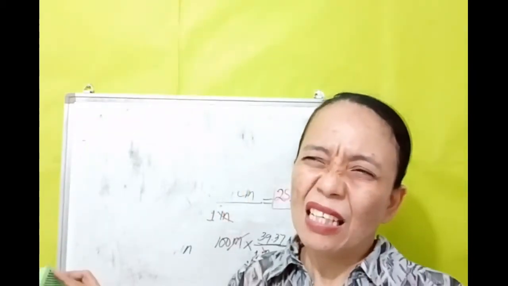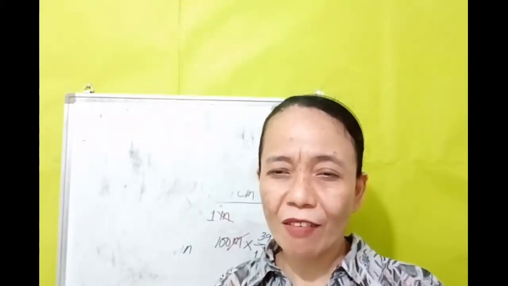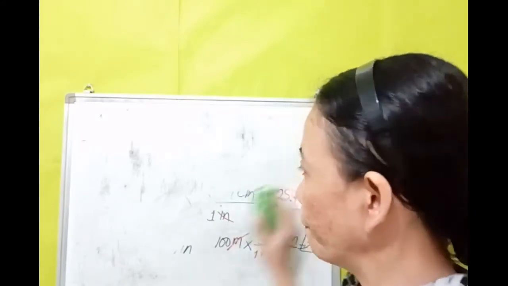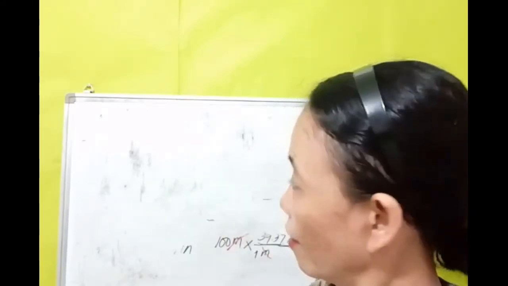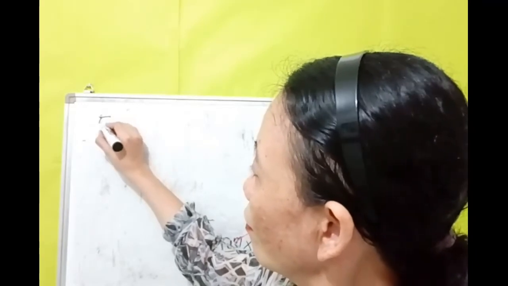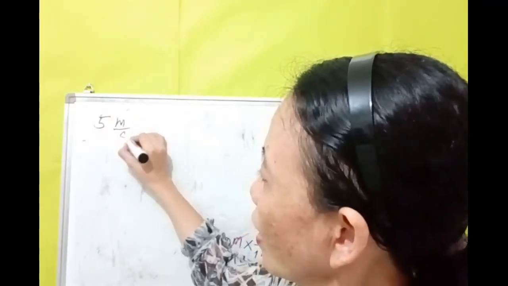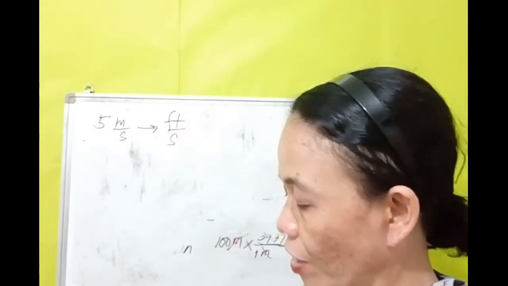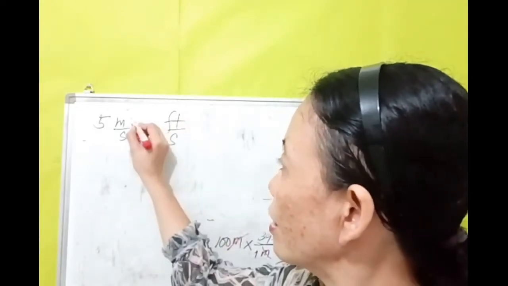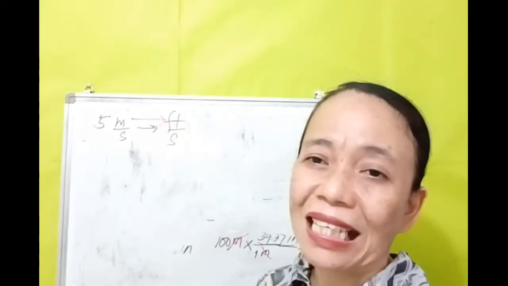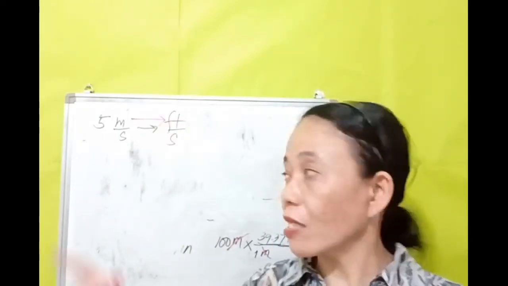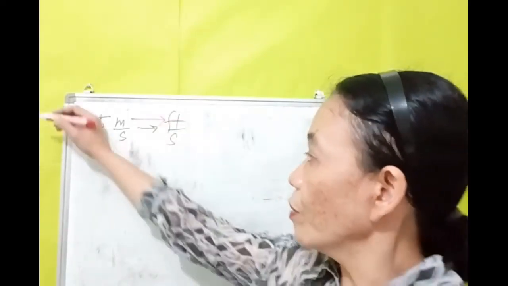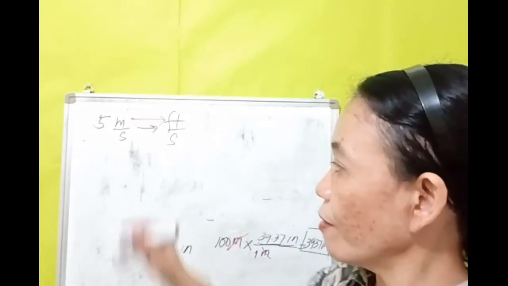How about 5 meters per second to feet per second? So this time we're going to convert only meter to feet. So second will be as is. So what is our conversion factor?